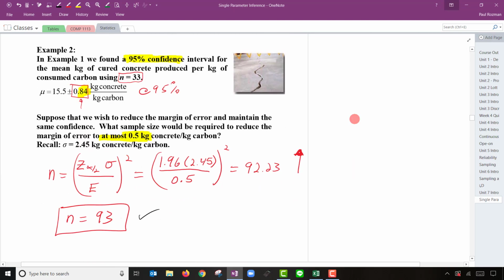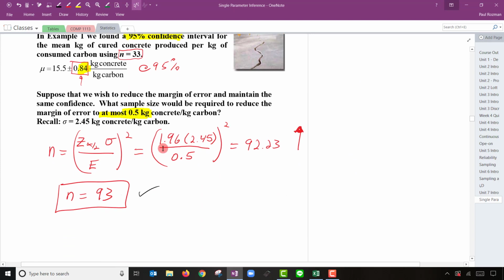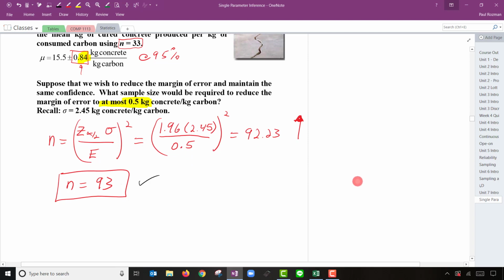There isn't a huge difference between 1.96 and 2.575. And even if I go down to 90%, it will make this number a little bit smaller, but it doesn't have a huge impact compared to the denominator. So usually what you have to mess around with is you have to sacrifice error in order to get a sample size that you can live with and afford.